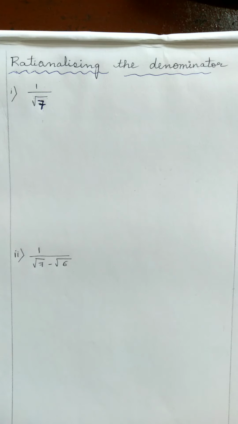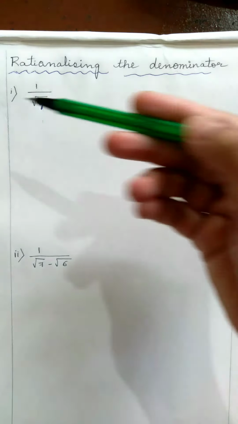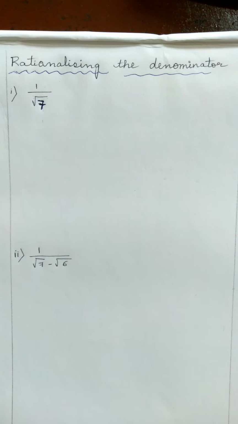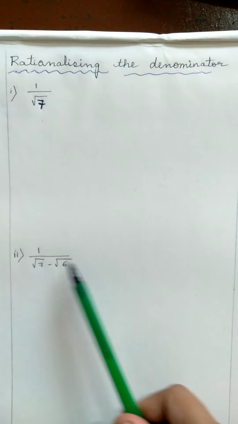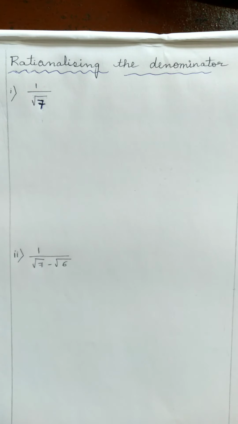Therefore, to find an easier method to simplify, we shall convert this irrational number into a rational number. When the denominator of an expression contains a term with the square root or a number under a radical sign like this, the process of converting it to an equivalent expression whose denominator is a rational number is called rationalizing the denominator.